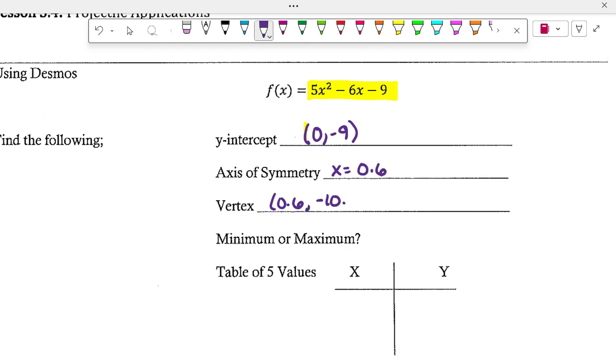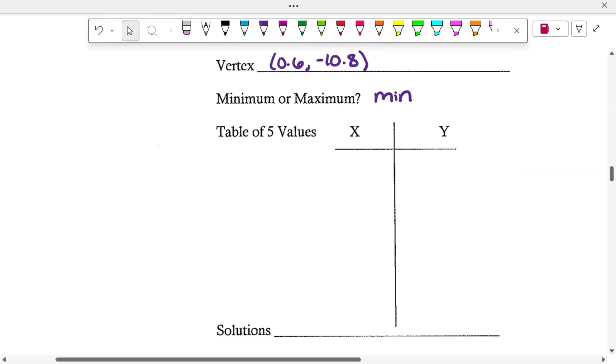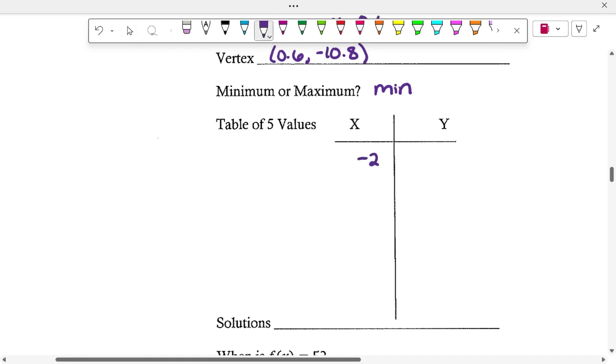Don't be thrown off if you get some decimals. They're supposed to be there. Hit the gear key and then hit the table icon.